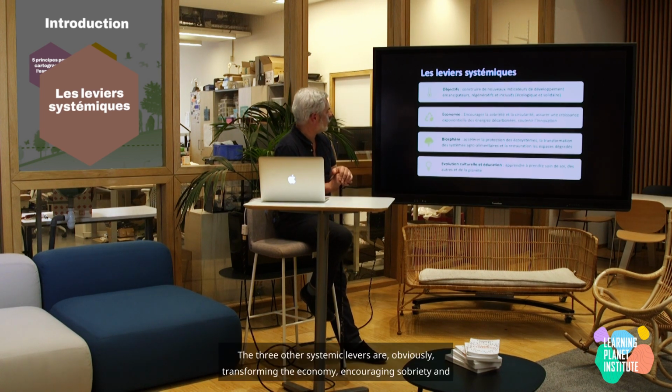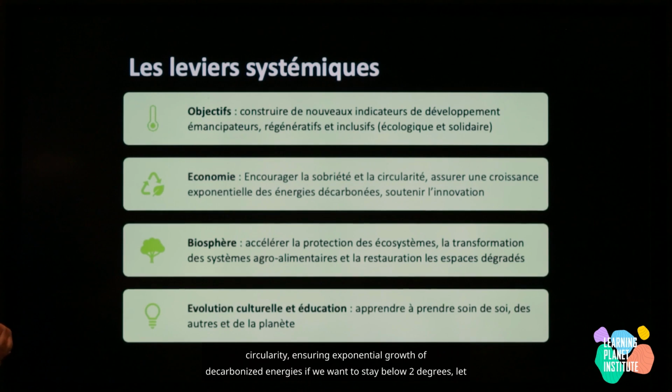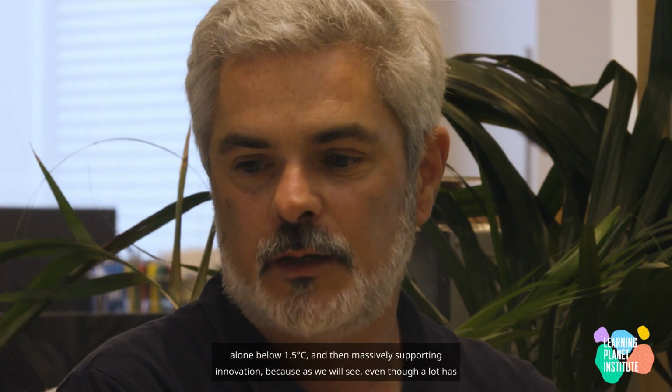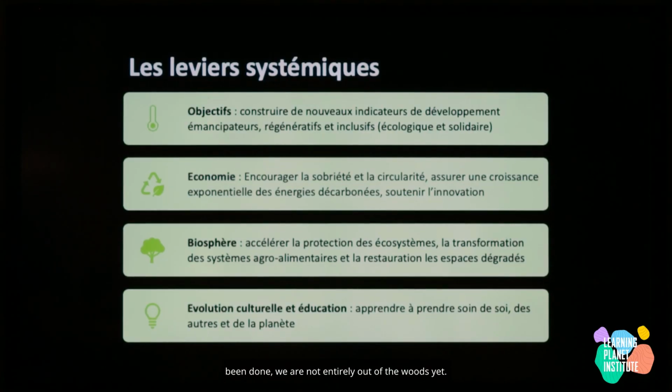The three other systemic levers are obviously transforming the economy, encouraging sobriety and circularity, ensuring exponential growth of decarbonized energies if we want to stay below 2 degrees, let alone below 1.5 degrees Celsius, and then massively supporting innovation, because as we will see, even though a lot has been done, we are not entirely out of the woods yet.